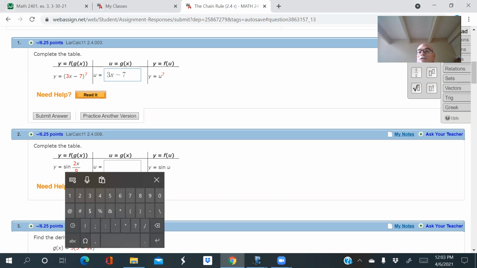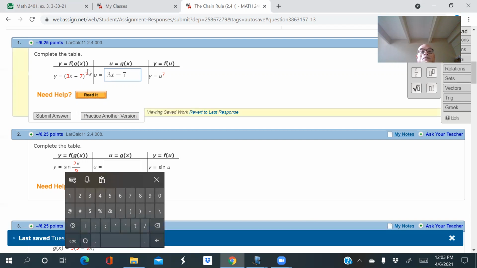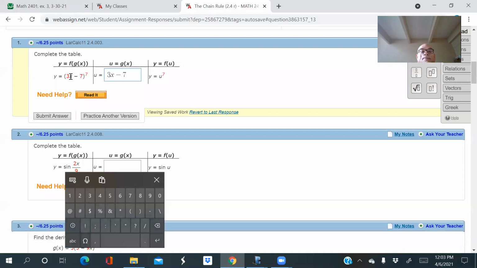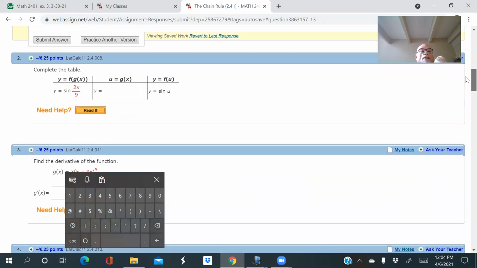They're just trying to get you to see that to differentiate this function, you can use the power rule, but you have to keep in mind that the quantity that's raised to a power is not just x, it's the expression 3x minus 7. That's the point of this problem, which is kind of roundabout.